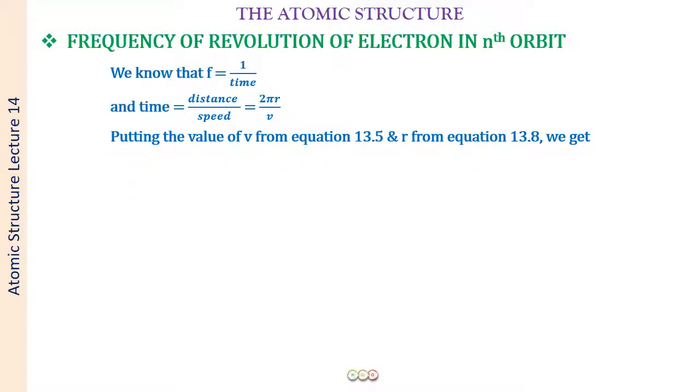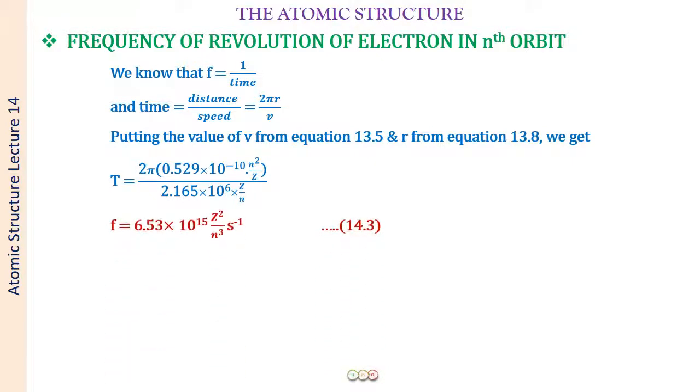Putting the values of v and r that we calculated in our last lecture, we are going to get T to be 2 pi into 0.529 into 10 power minus 10 n square by z, and the value of v, 2.165 into 10 power 6 multiplied by z by n, right? So we just invert that to get the frequency.